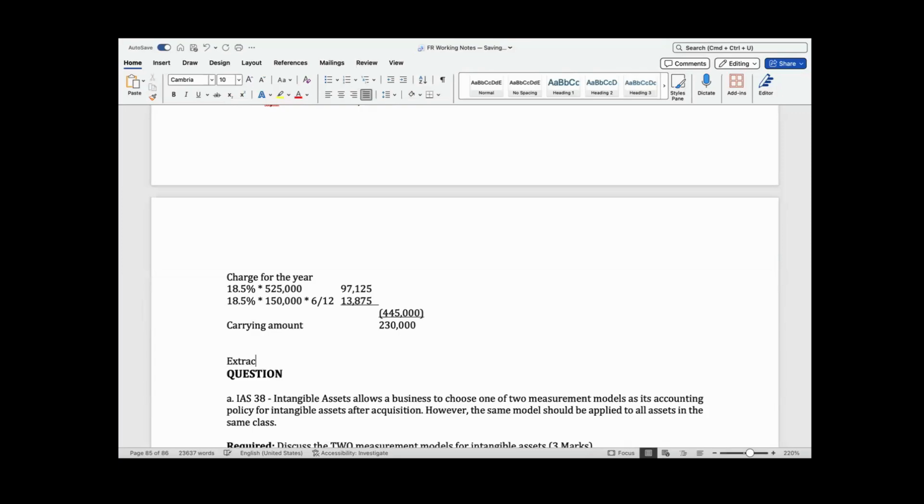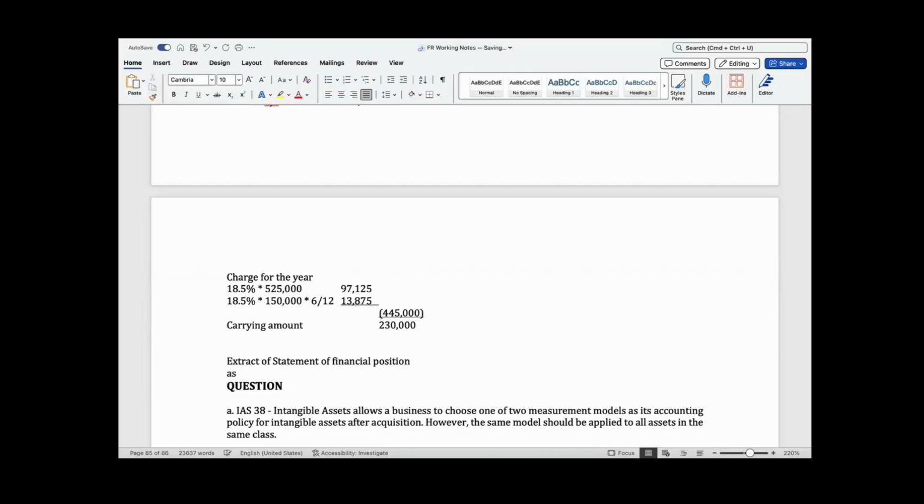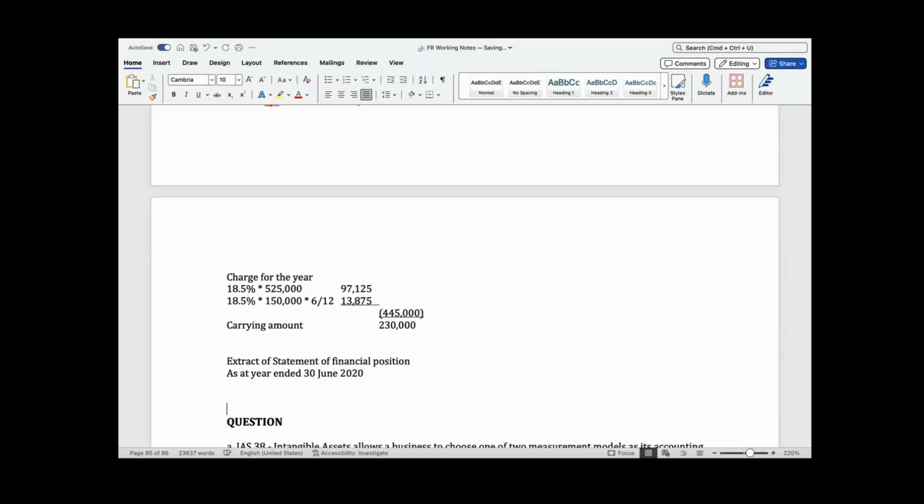So let's do our extracts. Extract of statement of financial position as at year ended June 2020. So we want to do June 2020 and June 2019.